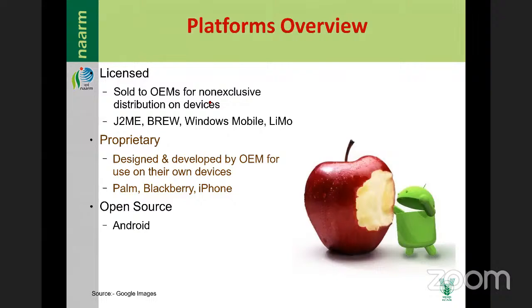OEM means the authority; if we purchase Windows software, you have to purchase it, as it is authorized proprietary. These are designed and developed by OEMs for use on their own devices, like BlackBerry, iPhone, Palm. Android is open source.